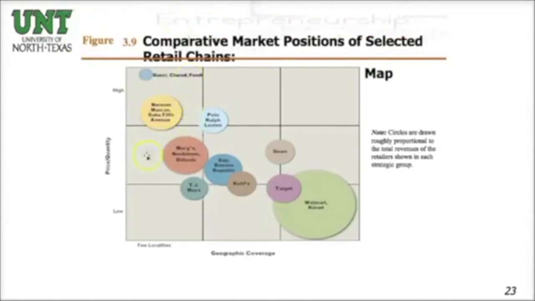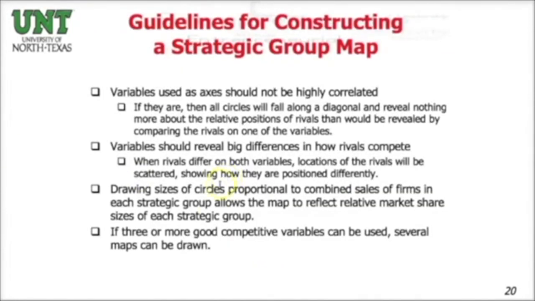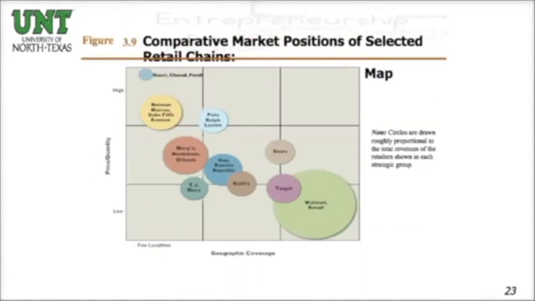Okay, and the last thing, and this is another example, we talked about strategic groups in the restaurant industry. This is just showing you what the groups would look like if you're doing a retail industry, right? And in this one, it satisfies that criteria that says you should draw the size of circles proportional to the combined sales of firms. That's actually happened in this one. So this right here, Walmart and Kmart have quite a lot of the market, right?